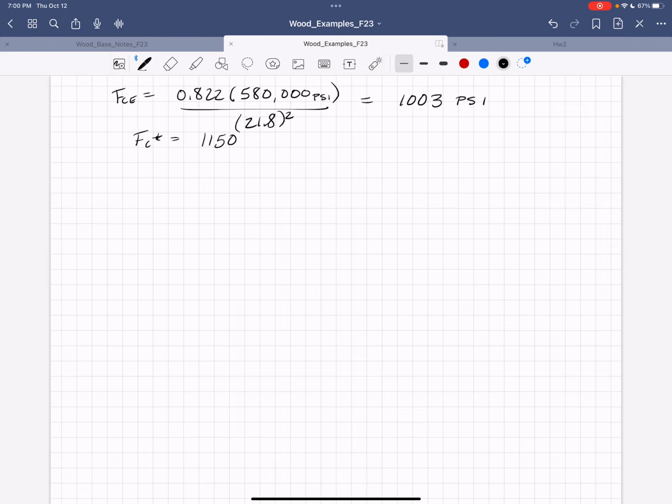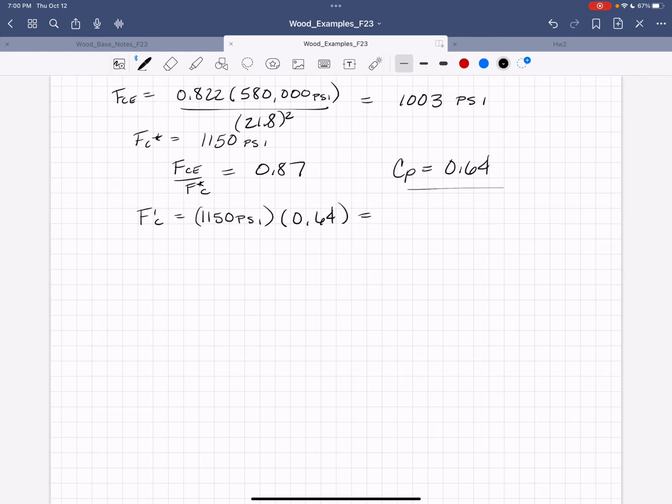Since they're all 1, that's going to give us just F_c, which is 1150 psi. So that ratio, F_cE to F*_c, is 0.87. And if I calculate C_P, I get 0.64. So that's what I'm going to use in my final equation here. F_c prime is 1150 psi times a bunch of 1s times 0.64 C_P, and I get 736 psi.